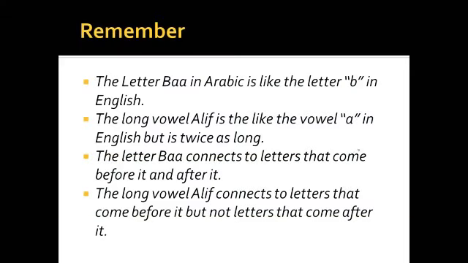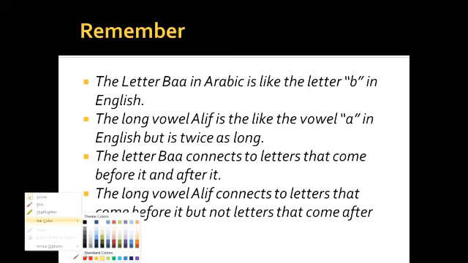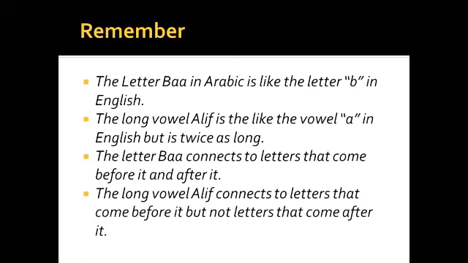Okay. Now let's summarize what we have covered so far. Again, I'm going to switch back to my red. So the letter ba in Arabic is like the letter B in English. That's not too difficult to remember.